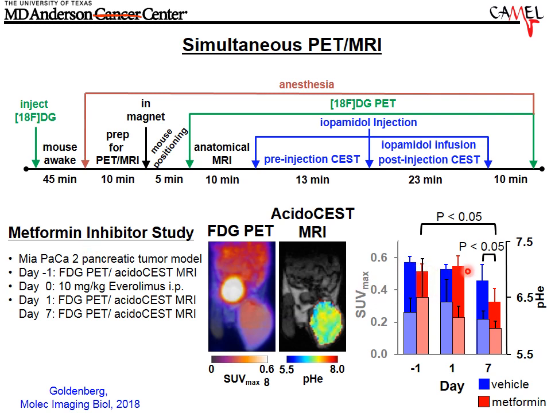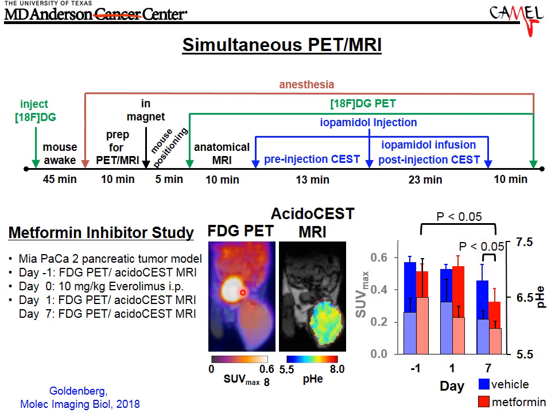These solid bars here show the effect of metformin and vehicle applied to the tumor. And the pH decreased from a relatively mildly acidic value to a more acidic value after administering the metformin relative to vehicle. You can see a P of less than 0.05 for the difference between those groups.